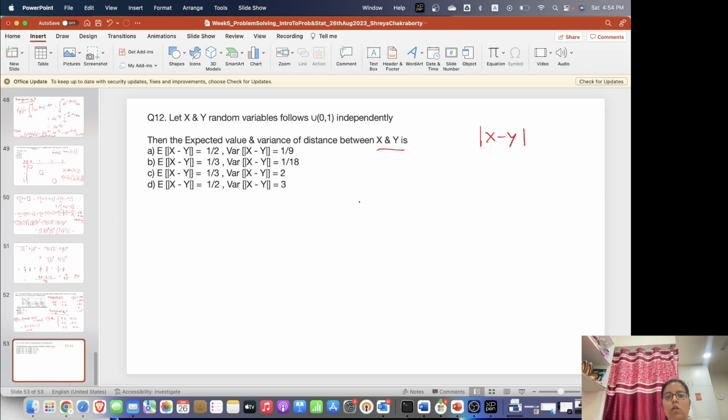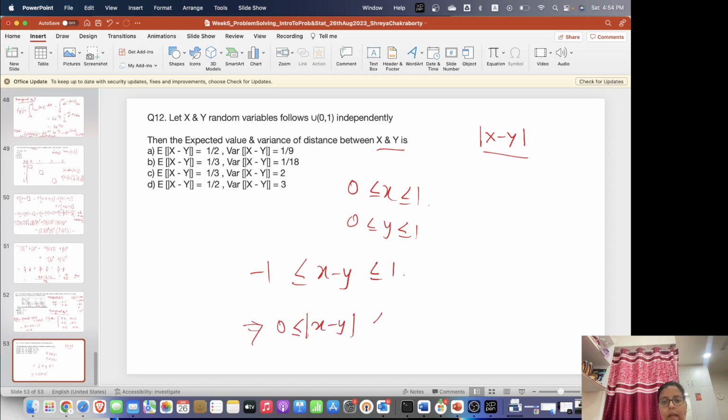Okay, so now first things first, let us see what value this x and y can take. So x can range between 0 to 1, 0 less than equal to x less than equal to 1. Y can also range from 0 to 1. So x minus y, it can range from minus 1 to 1.